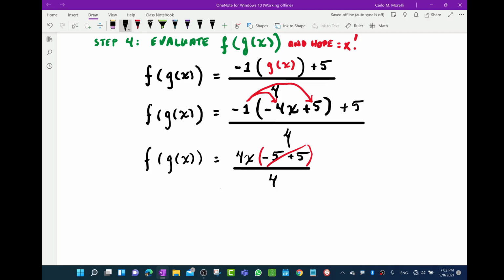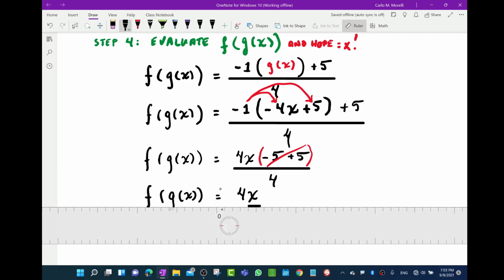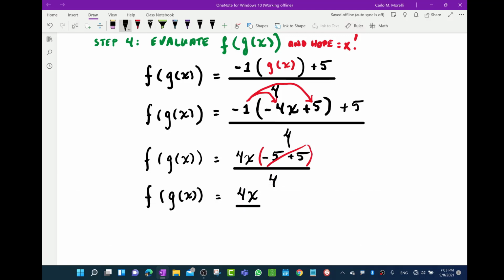And so we're going to write f of g of x equals 4x over 4. And now we can cancel these 4's, and remember, that just leaves behind 1's, and we don't have to write those.